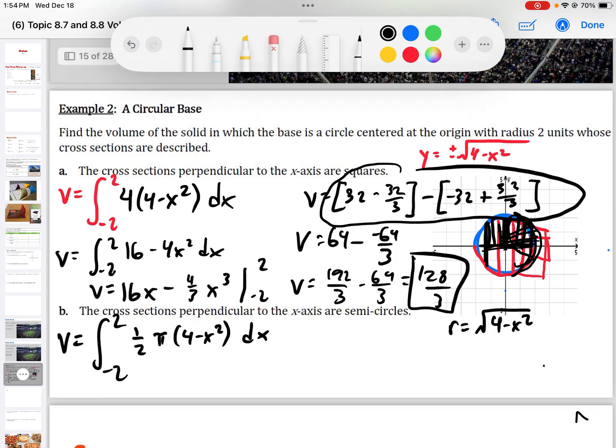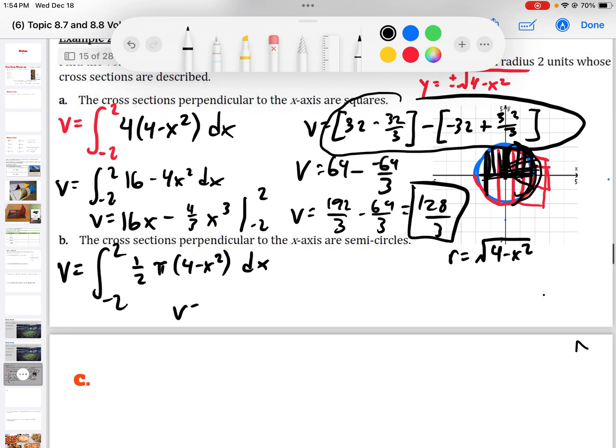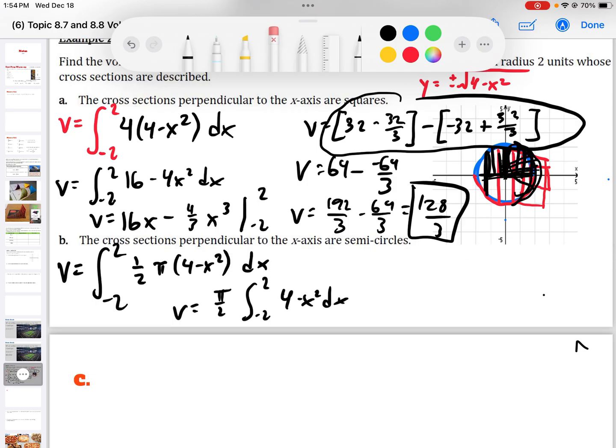dx. So the volume is equal to 1/2, or pi over 2, taking it on the outside, times the integral of 4 minus x squared dx. So the antiderivative is going to be pi over 2 times what we just got a second ago, 16x minus 4/3 x cubed, evaluated from -2 to 2.